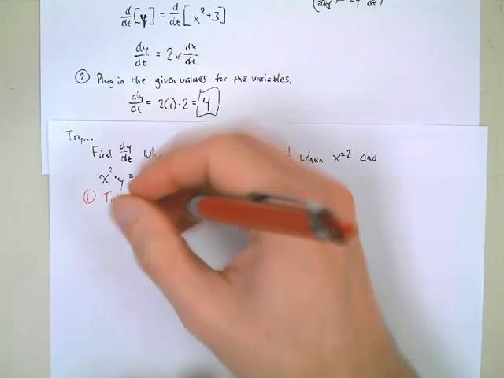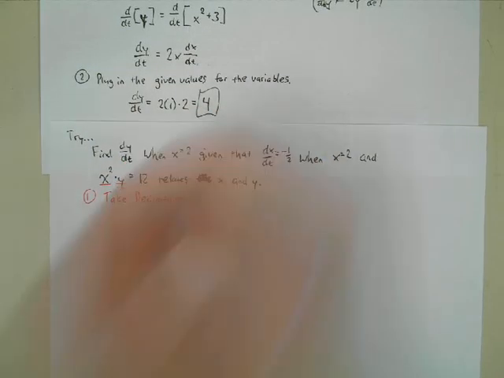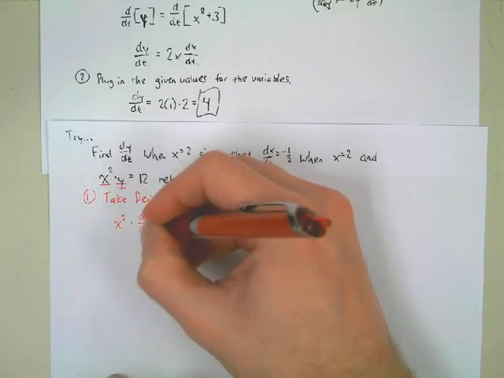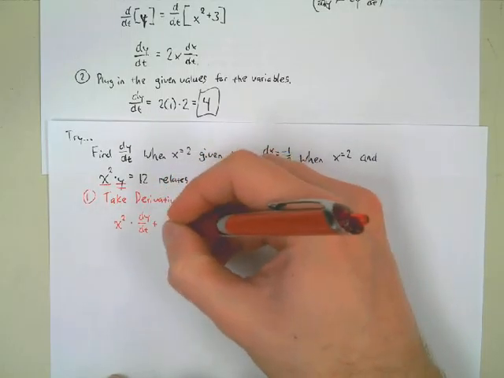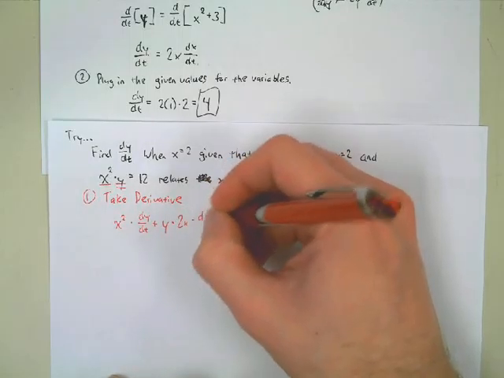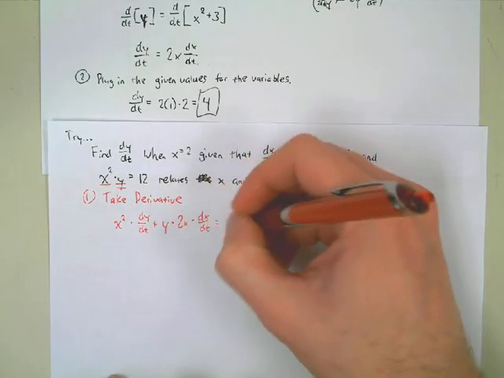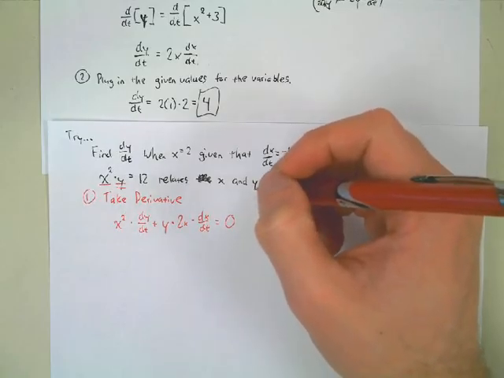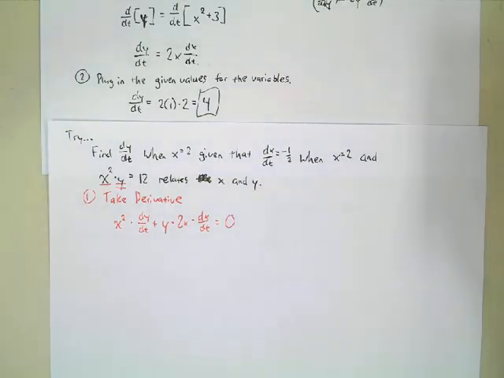There's the first thing, there's the second thing. So it's the first times the derivative of the second plus the second times the derivative of the first, and then equals 0. Okay, good? Questions on that?